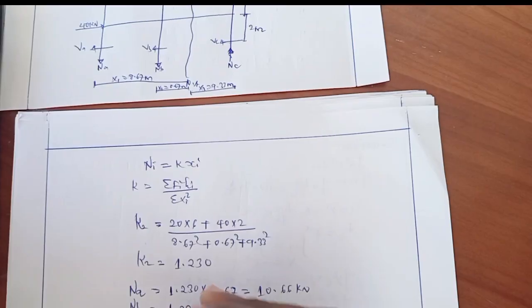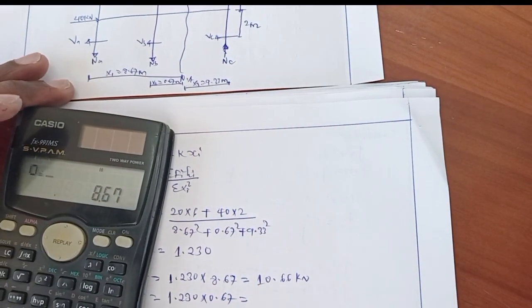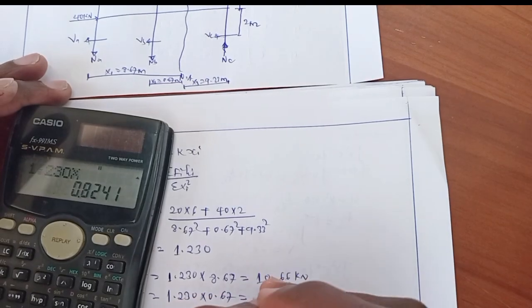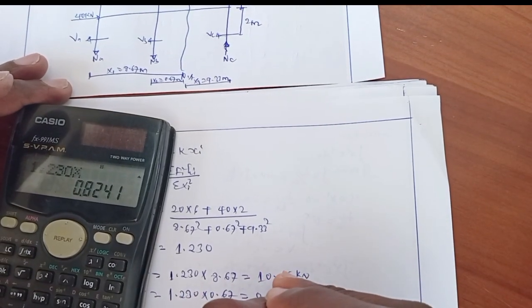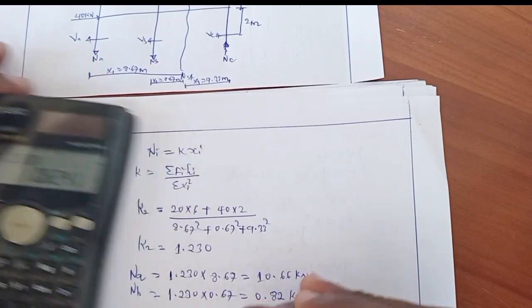NB will be 1.230 times 0.67, which will be 0.82 kilonewton.